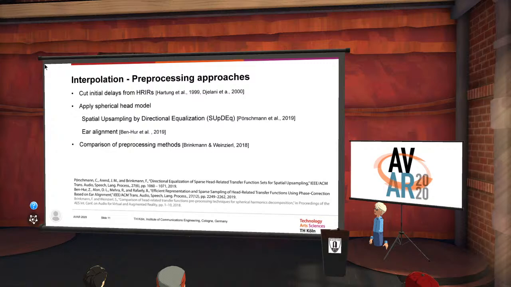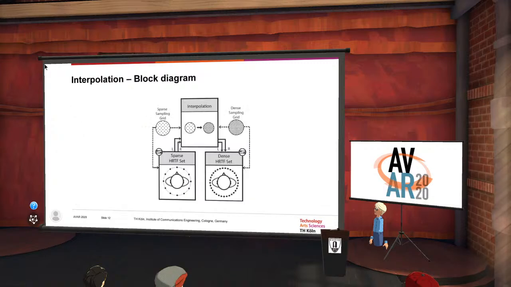There's a very nice paper comparing pre-processing methods, which had been presented at exactly that conference here 2 years ago from Fabian Brinkmann, 2018. SUpDEq and ear alignment are missing. They have been invented later, but you can refer to these pre-processing methods, which is quite worthwhile reading.